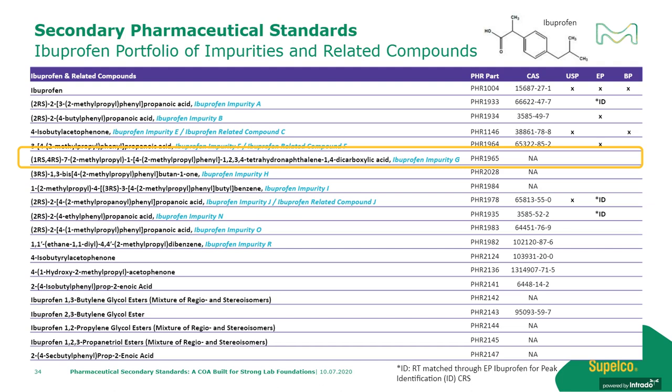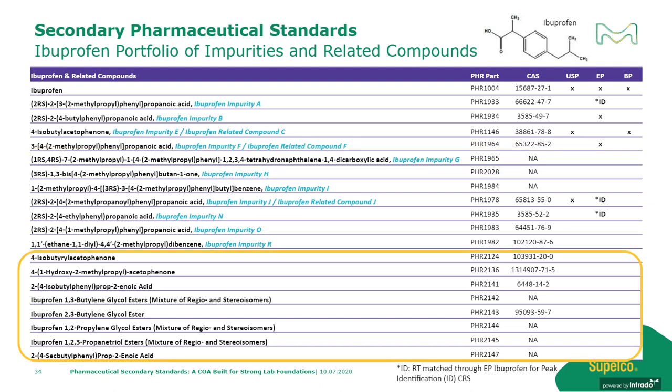So even though there is no compendial standard available, a secondary standard is available, and acting as a CRM, the certified mass balance for the standard can be used for quantitation. So this is great because you can look at ibuprofen impurity G in your materials and be able to assign a content to what amount of impurity could be present.